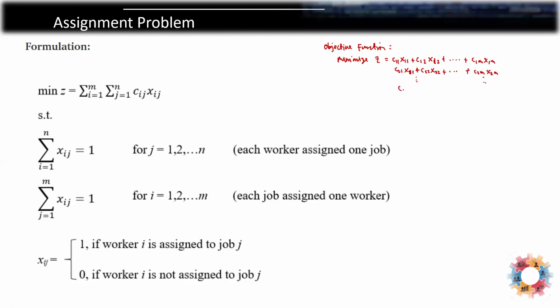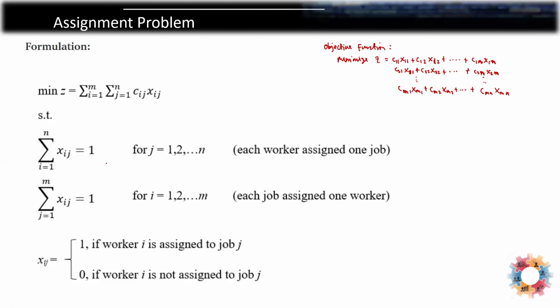Then C sub M1 X sub M1 plus C sub M2 X sub M2 plus, and so on and so forth, plus C sub MN X sub MN. So that's how the objective function would look like.